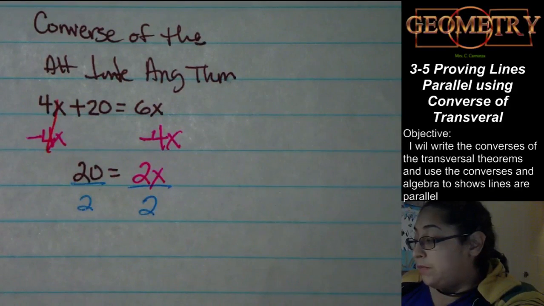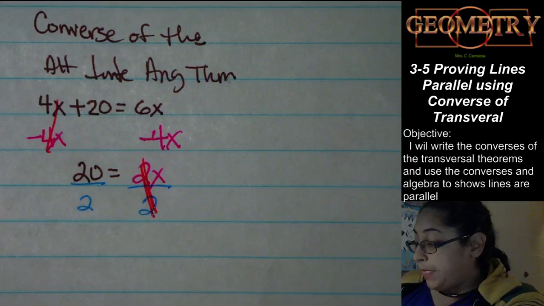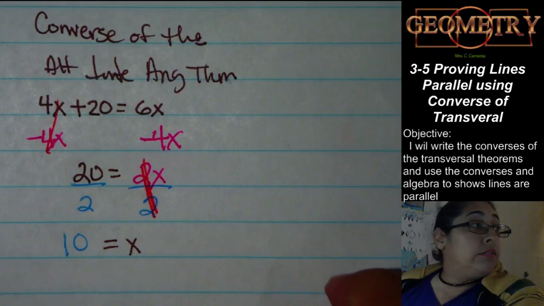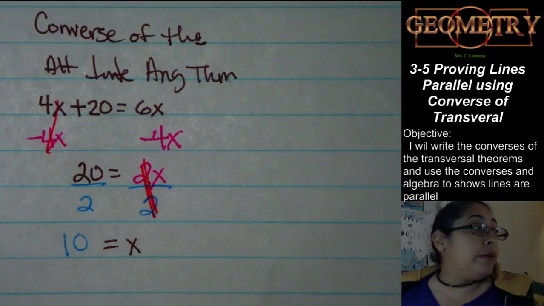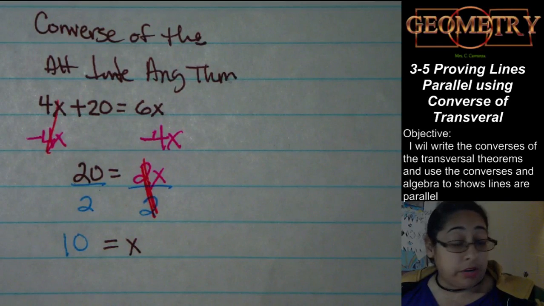We're dividing by 2 because here in this first step we were multiplying by 2. All right, so x needs to have a value of 10 in order to make those lines parallel. Make sense? Yes. All right, be careful because there's going to be some where it's supplementary.